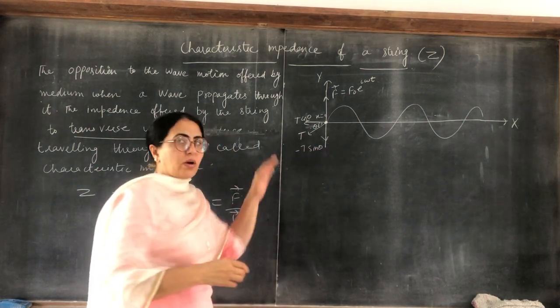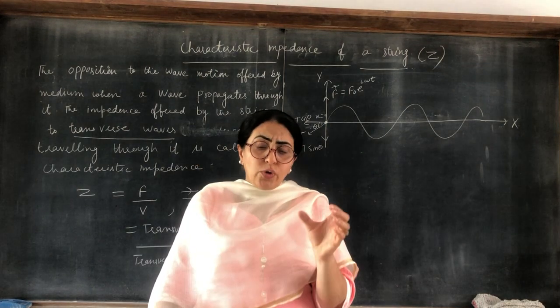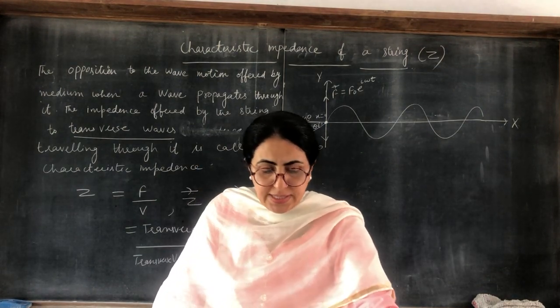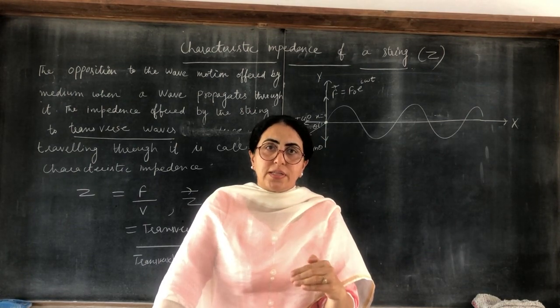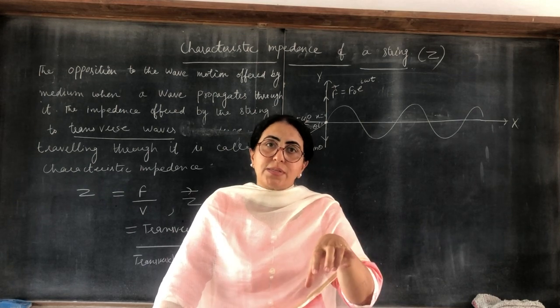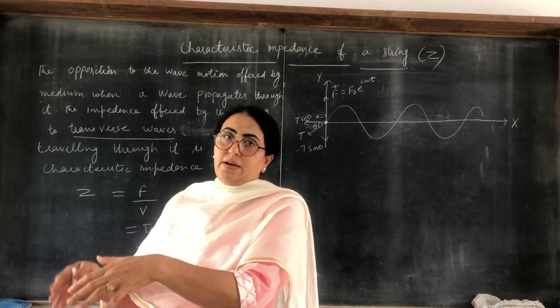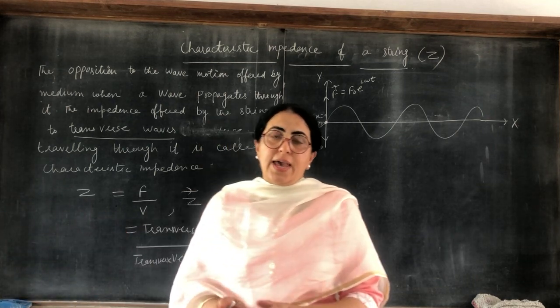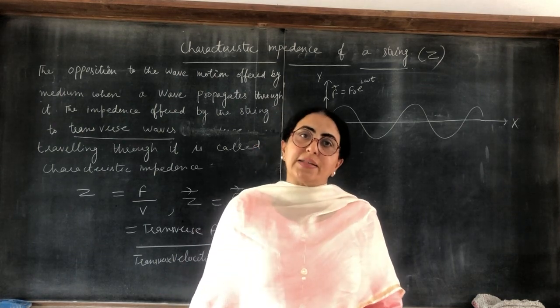Clear? Along the negative y-axis. Now we know what the impedance is. Particles are moving about their mean positions. The particle which is in motion tries to take its neighboring particle along with it, and the particle which is at rest tries to keep the neighboring particle at rest.